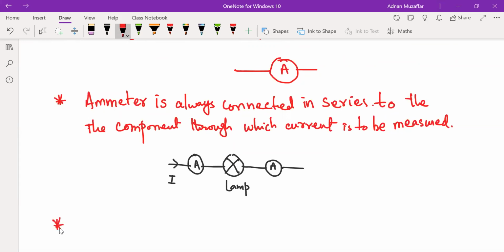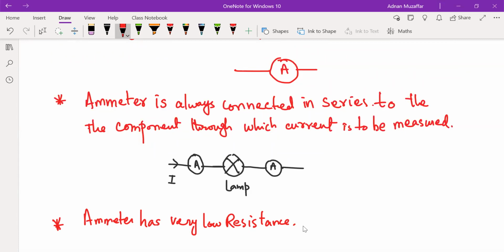Then the next important thing about an ammeter is that it has very low resistance. This is a very important point. Why should an ammeter have very low resistance?